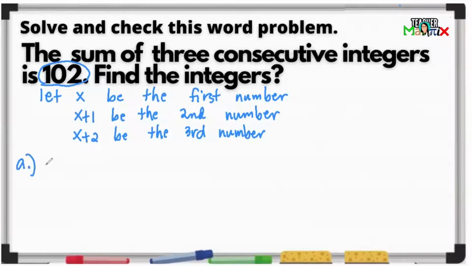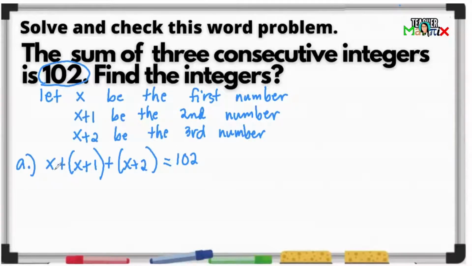Let's put letter A: x plus x plus 1 plus x plus 2 equals 102.